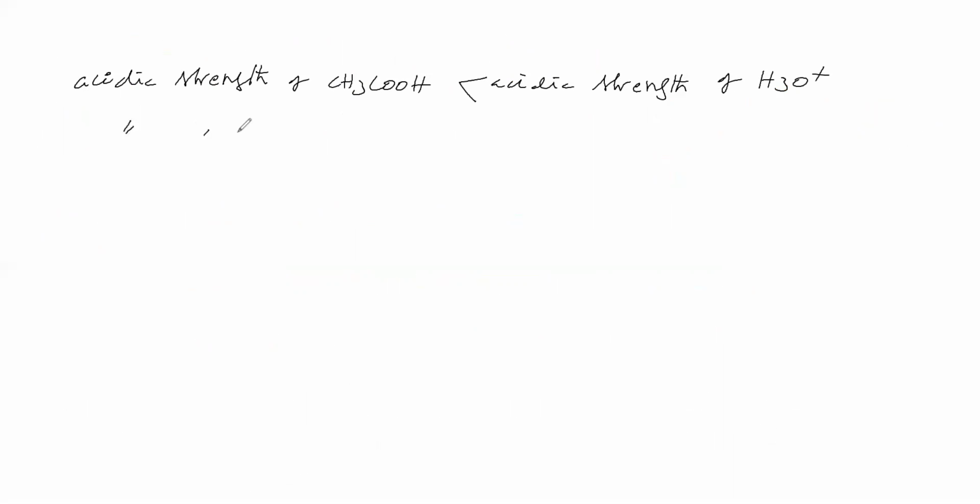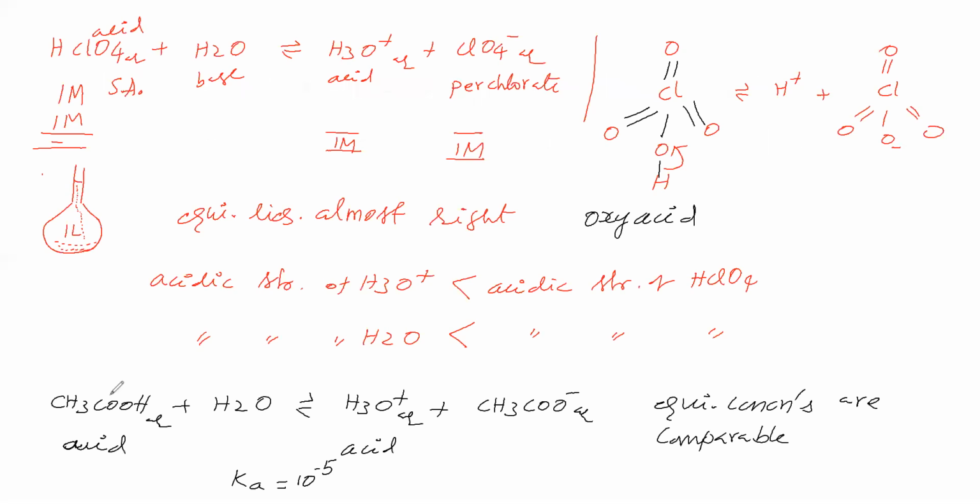Then we will see the acidic strength of acetic acid and the acidic strength of water. Now, if you dissolve acetic acid in water, we get hydronium ion and acetate ion. We get hydronium ion because water takes H plus from acetic acid and becomes hydronium ion.